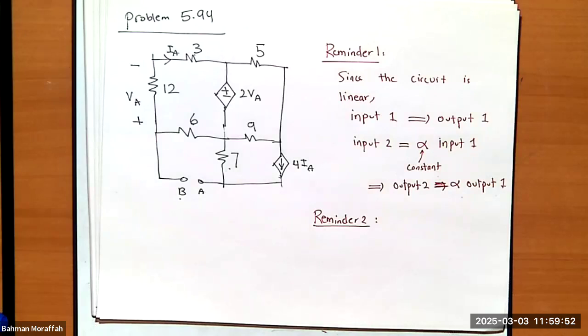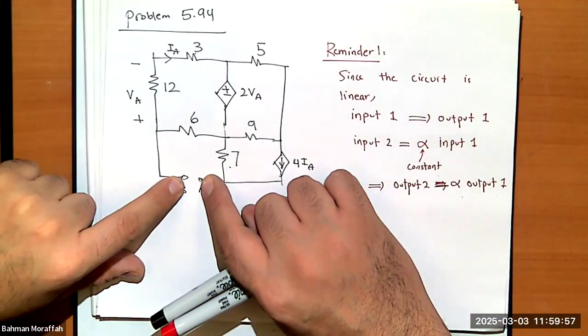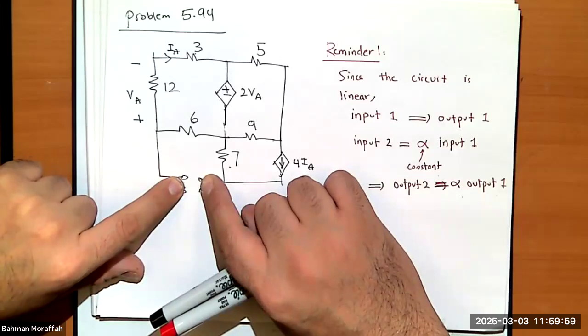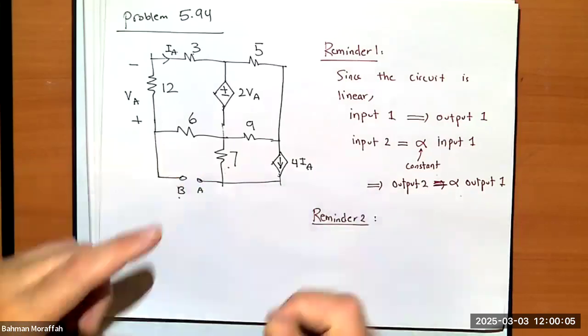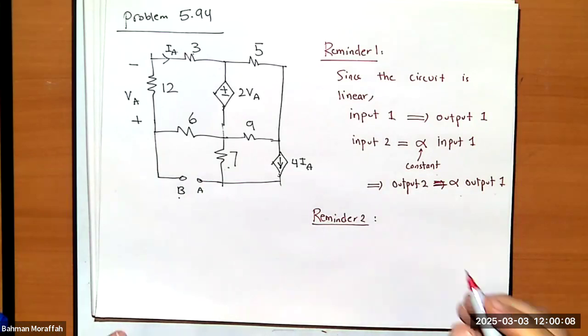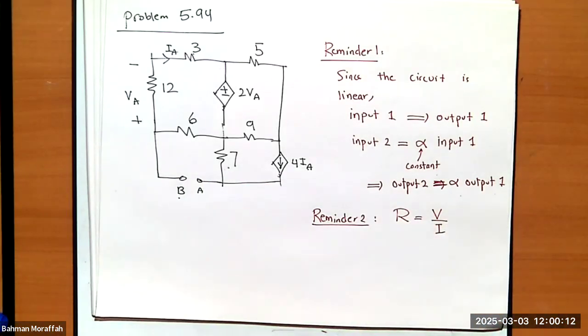So if I want to find a resistor between these 2 points A and B, if I know the voltage across these two and the current through it, I can always find R. So reminder 2 is that R is always V over I. But looking at the circuit, there is absolutely no independent source in this circuit.